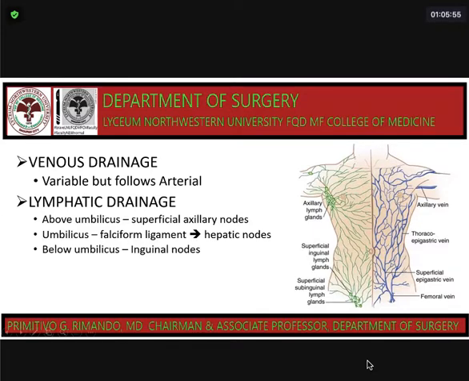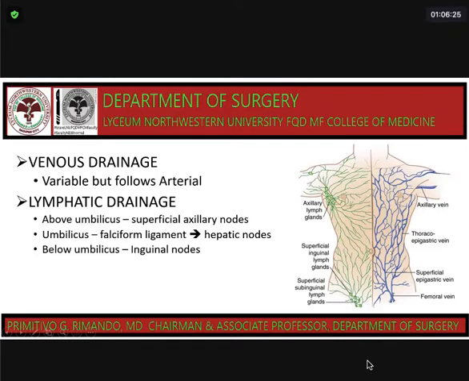For the lymphatic drainage, the reference point is the umbilicus. Above the umbilicus, your drainage goes up to your superficial axillary nodes. Below the umbilicus, it goes down to your inguinal nodes.